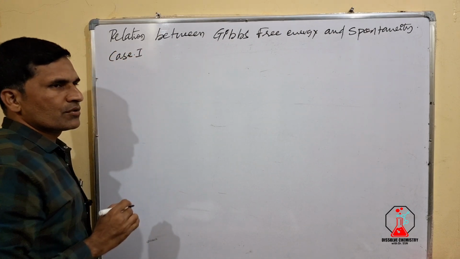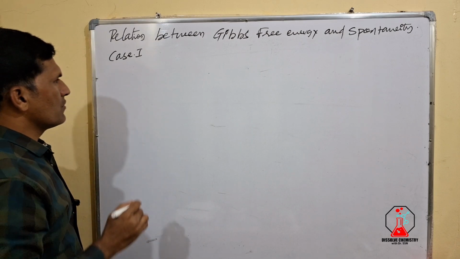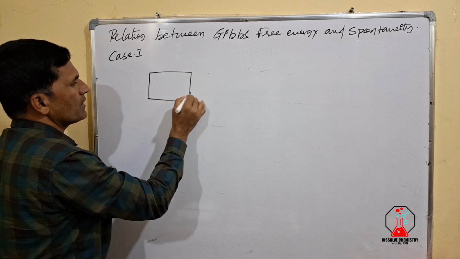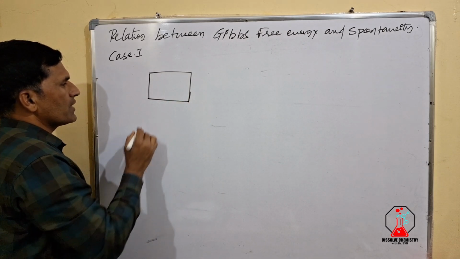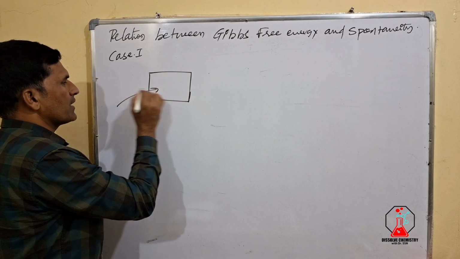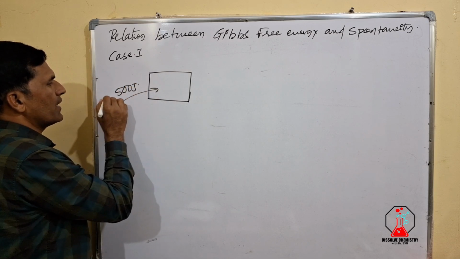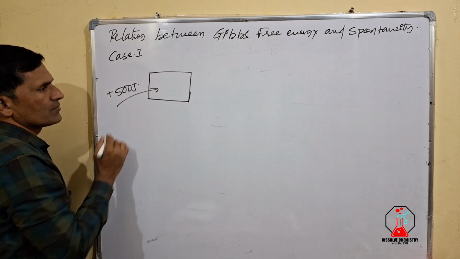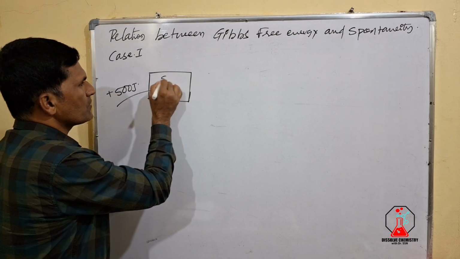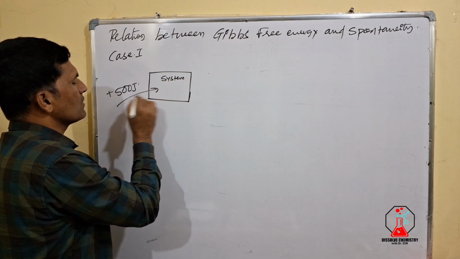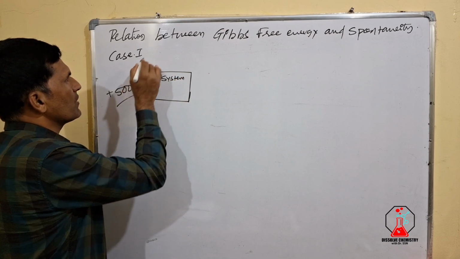In that, we are going to do 2 things. We will take a system, and let us take it as absorbing 500 joules of energy. If the system absorbs energy from the surroundings, it means it is an endothermic process.